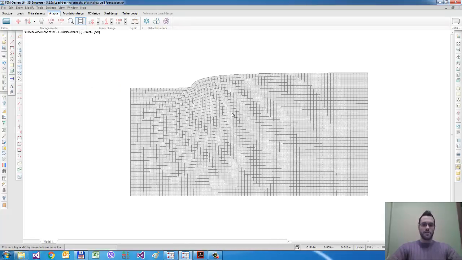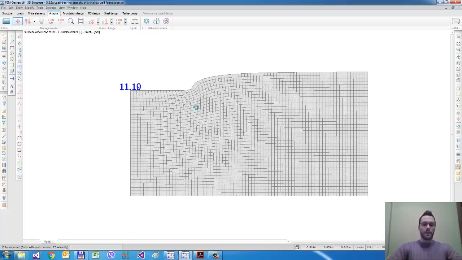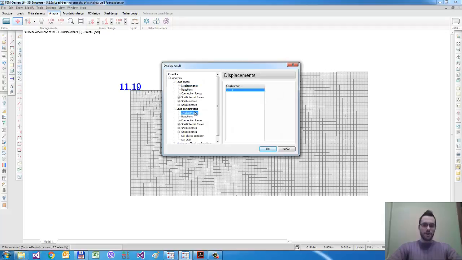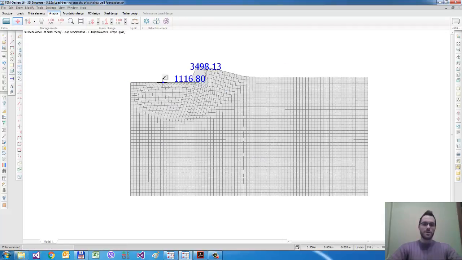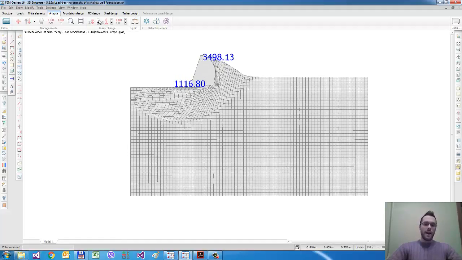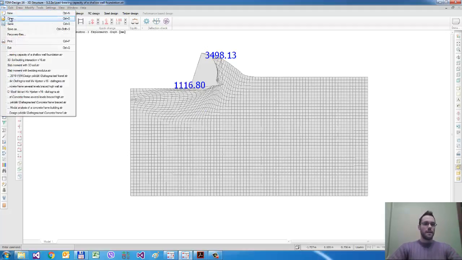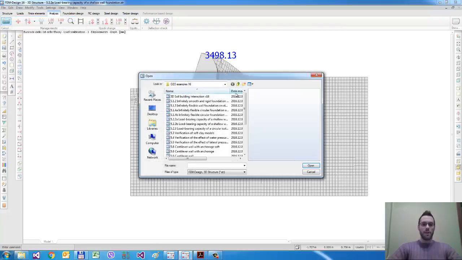This one is a linear calculation based on the same external load, but with the load combination set for the nonlinear soil calculation, we can see a completely different displacement profile, and it happens because we consider the nonlinearity of the soil. We can see that the slip surface occurs under the foundation, and in this case we can calculate the load bearing capacity according to the Mohr-Coulomb criteria in FEM-Design.